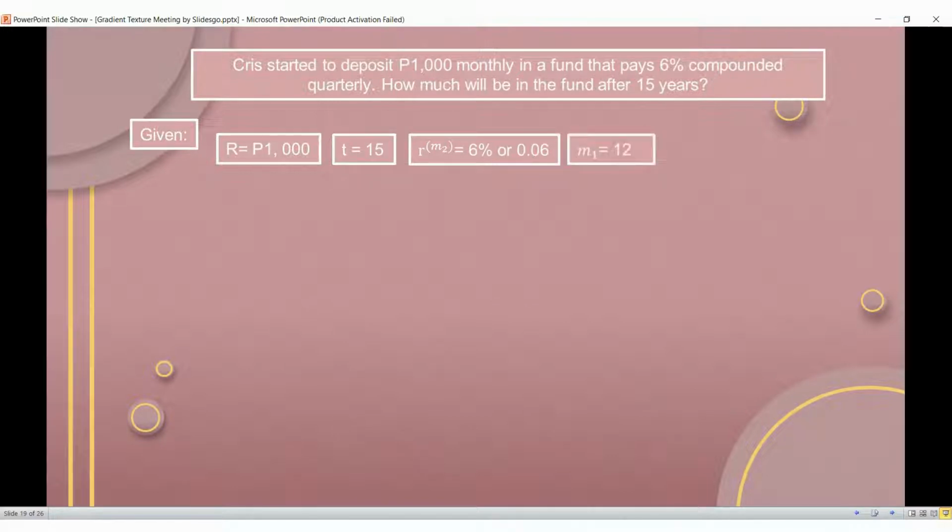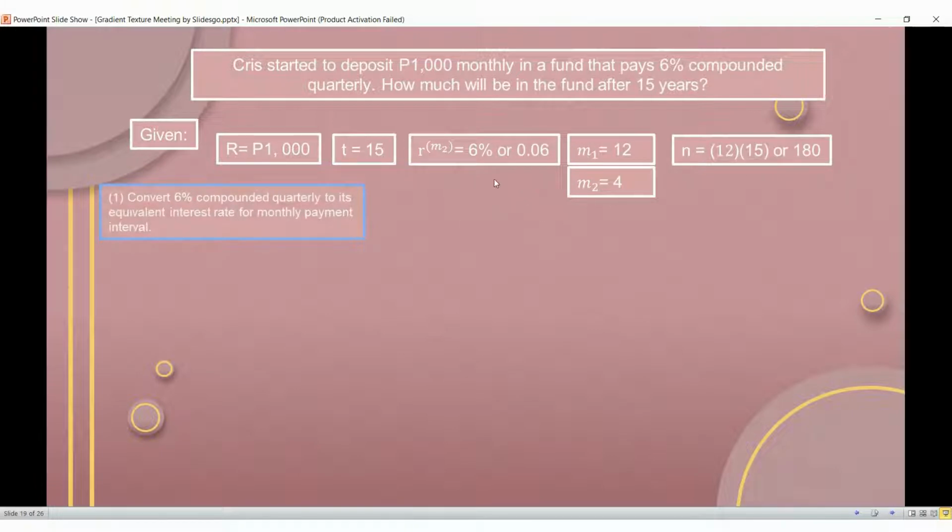Ang ating m sub 1 ay 12, kasi monthly ang pag-deposit. Ang m sub 2 naman natin ay yung compounded quarterly, kaya 4. And ang n natin ay m sub 1 times time, or number of payments, kaya 180.